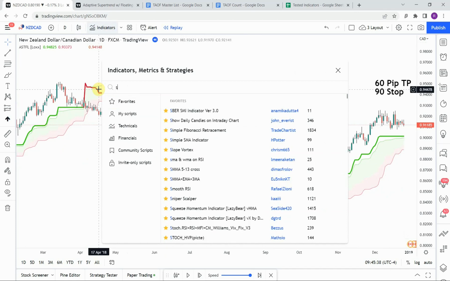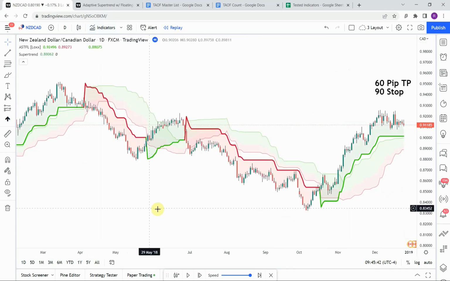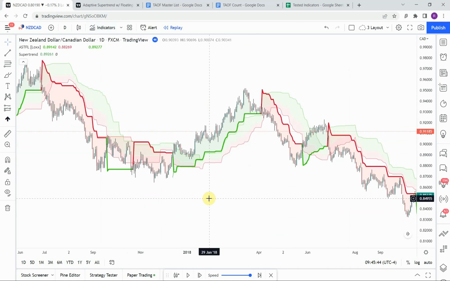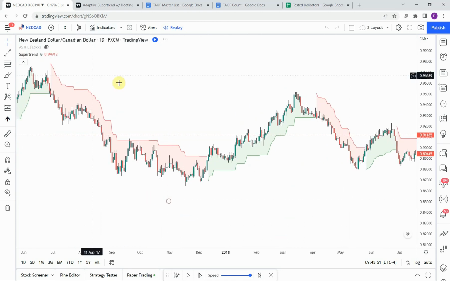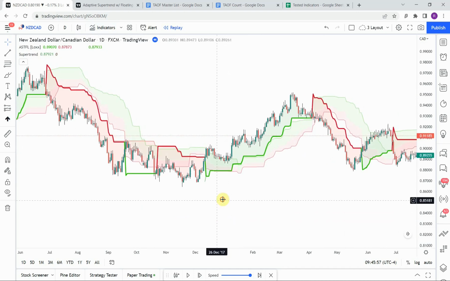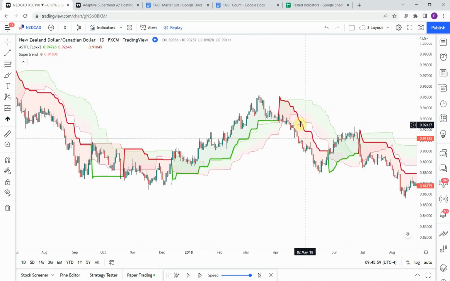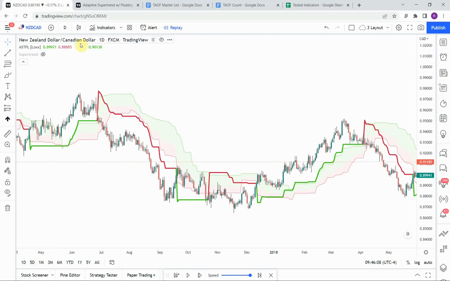If we go up here, type in super trend, and add that to the screen, you can see that it basically is exactly the same as the adaptive super trend. There's a slight difference, I guess. There are a few moments where it varies off the standard one just so slightly, but not by much.